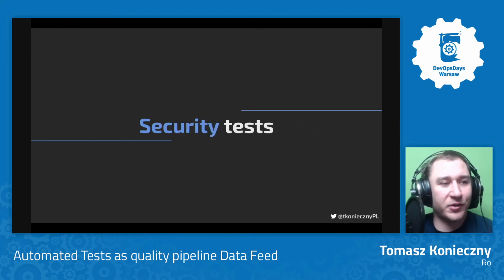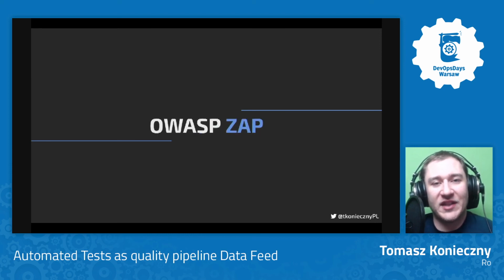And the second example I will show you today is reusing it for security purposes. So OWASP ZAP. If you don't know this tool, it's a really great open source automated security scanner that can scan the application in very different ways. It even contains a crawler that goes through the whole application and just guesses the different endpoints.